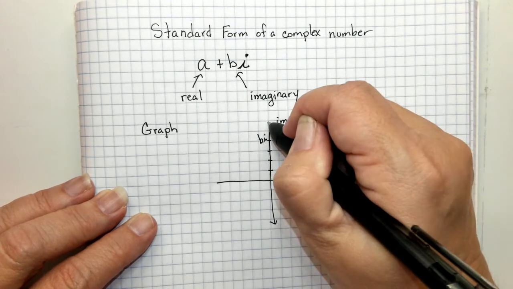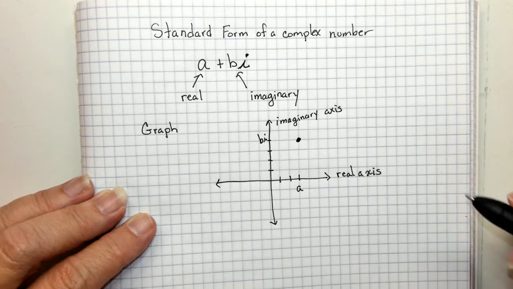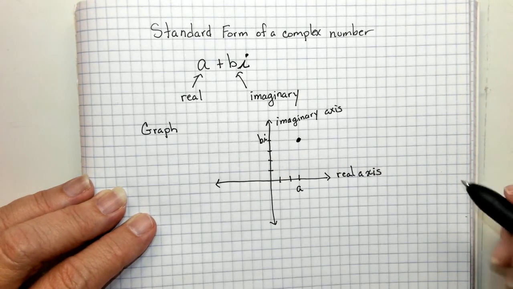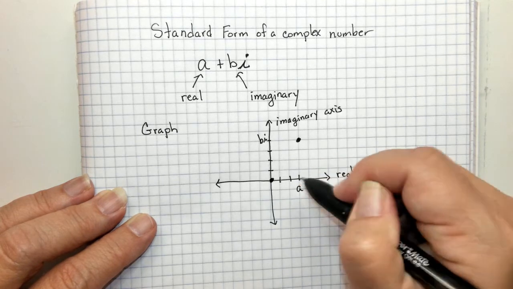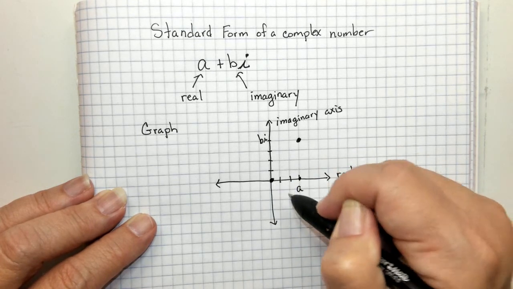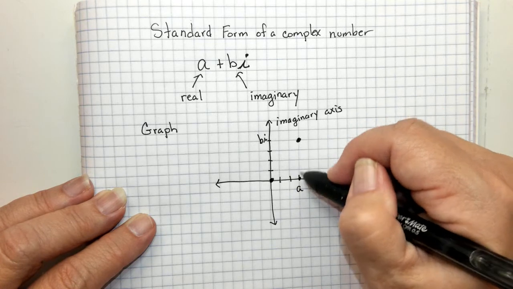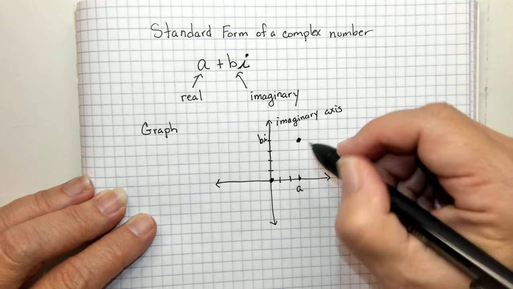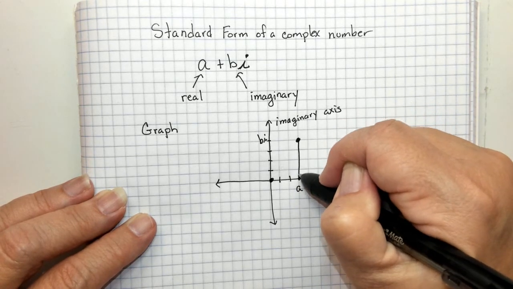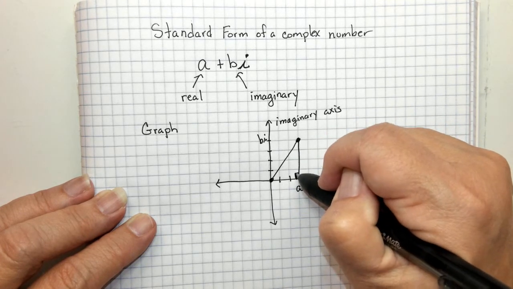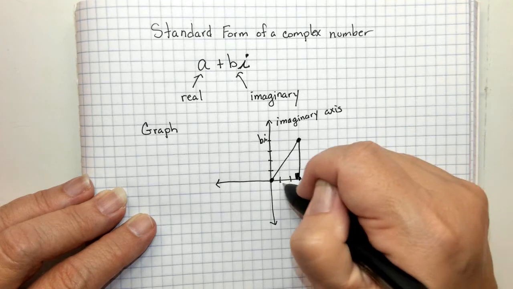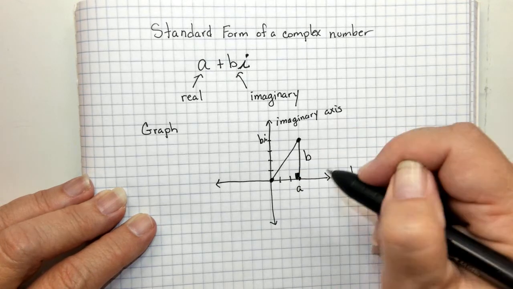These are axes. So the distance from the origin to here is a units, and the distance from here to here is b units. And so let's take a look at our right triangle. All right, there's a right triangle, a units, b units.